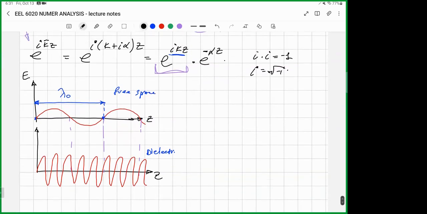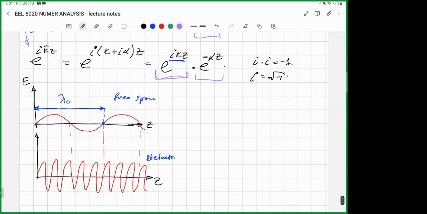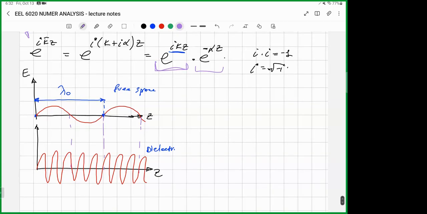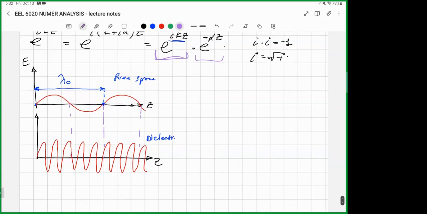On top of that, we have this second term, which is e to the power of minus alpha z. For positive alpha, it is an exponentially decaying function, and this one describes the amplitude of the field.